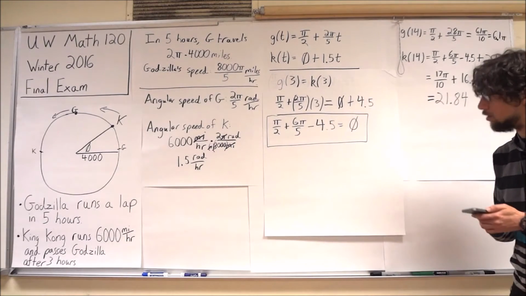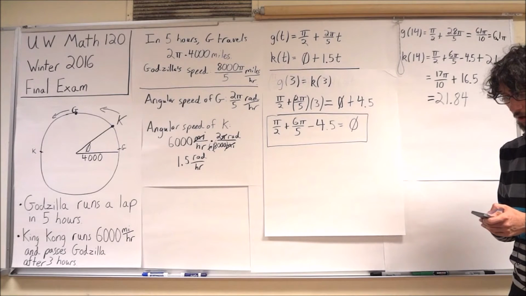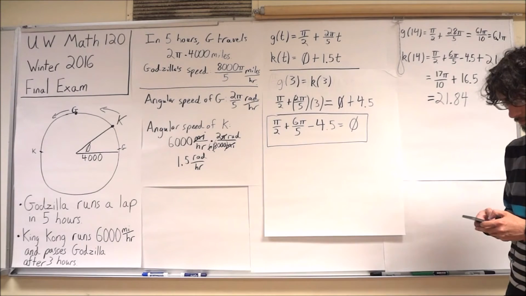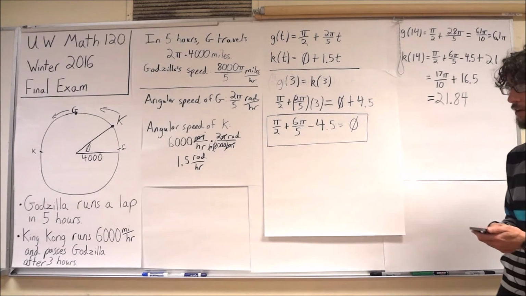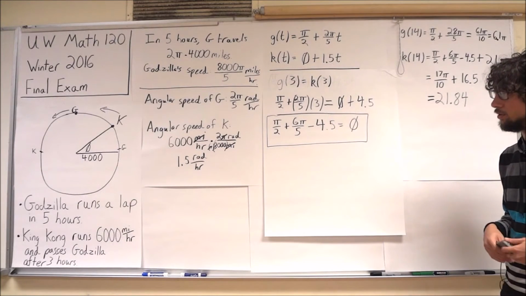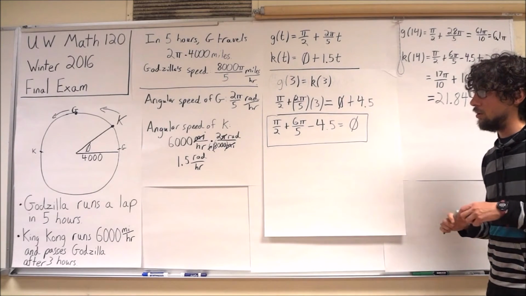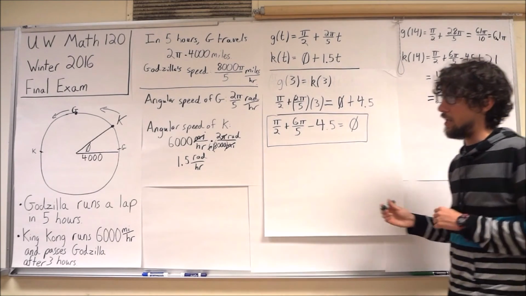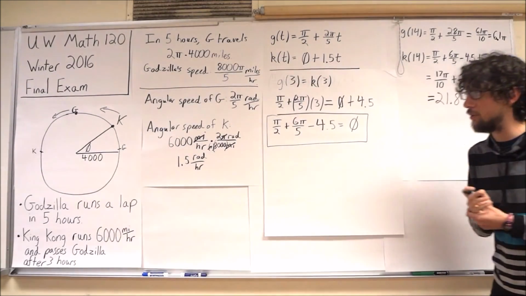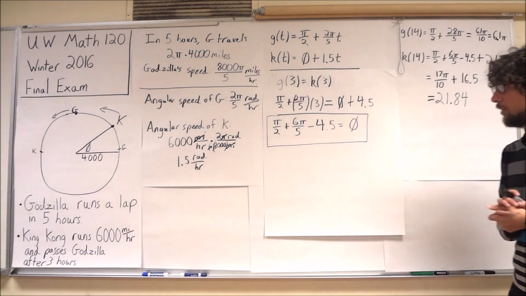And Godzilla was 0.1 pi, 0.05 of a revolution. In other words, 5% of a revolution above. So we find that although it is quite close, Godzilla is slightly higher than, or slightly farther north than King Kong. Let me see if I can write this in a way that makes it a little bit clearer.